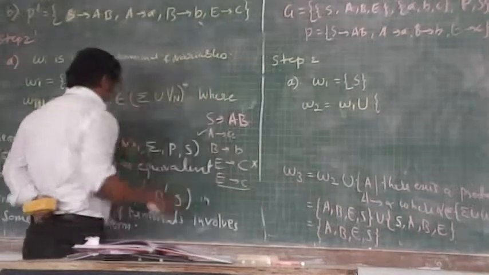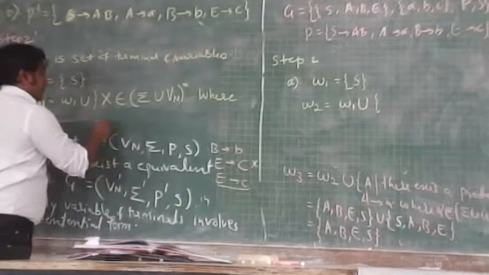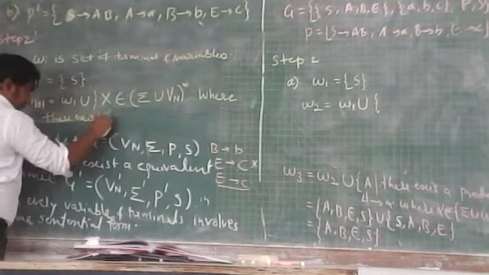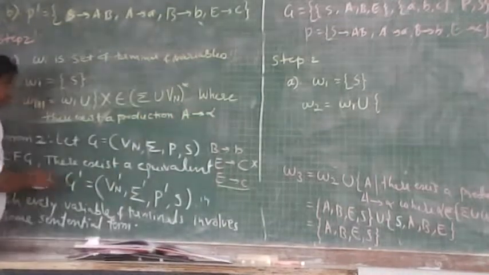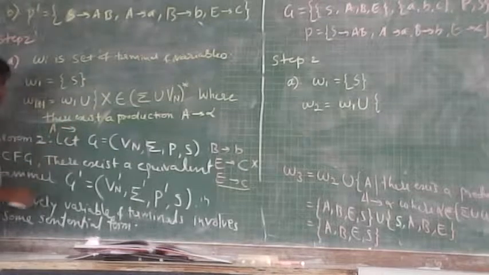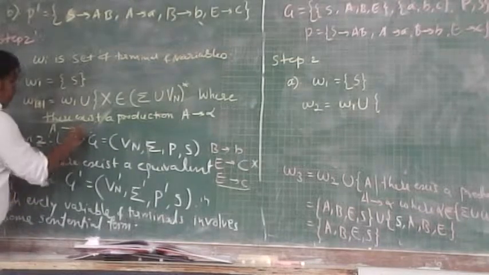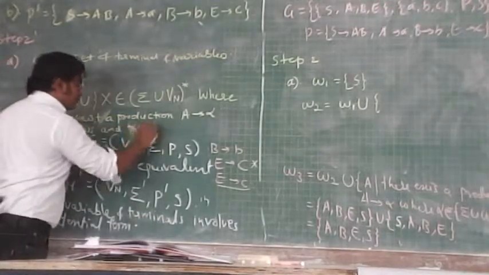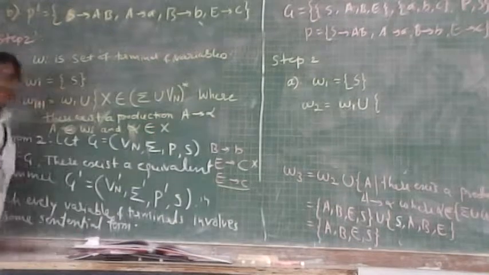where there exists a production A implies alpha, A belongs to Wi, and alpha belongs to x.